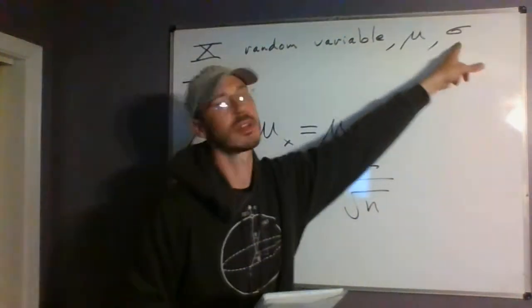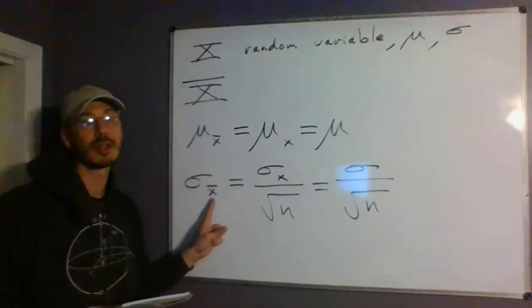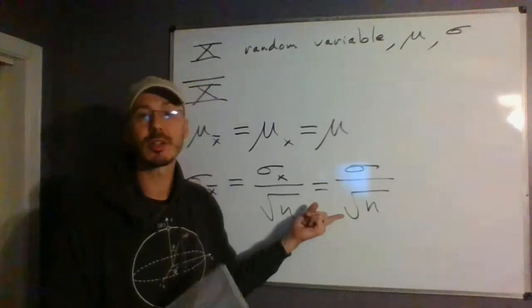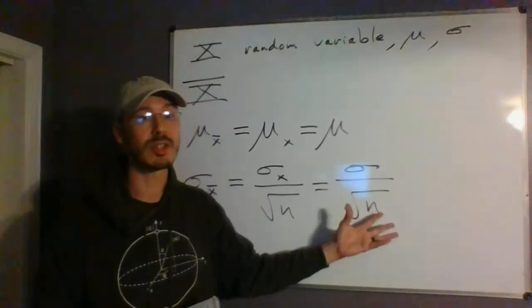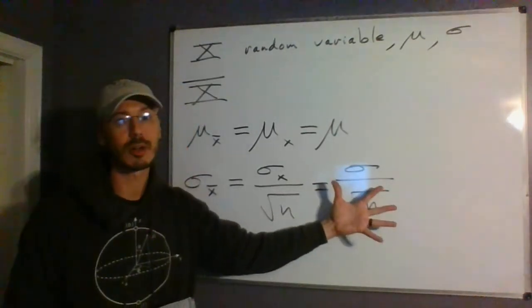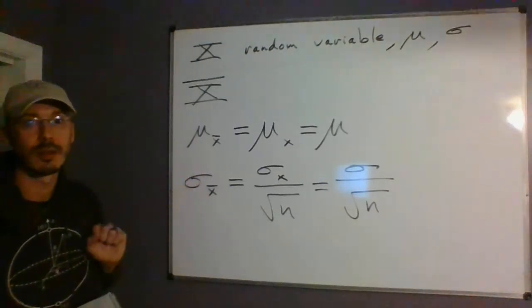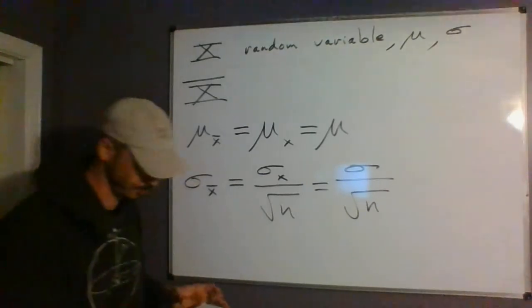Of course, it's the sigma of the x variable, the original one. It's the new one that's different. It's modified by dividing by the square root of n, where n is the sample size. So if we take larger samples, this number gets smaller. The denominator being larger means the number is smaller. So we're able to shrink the standard deviation.